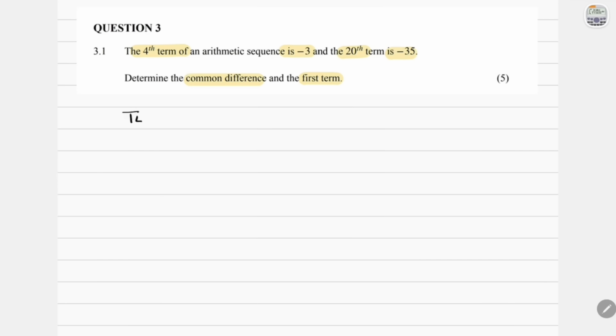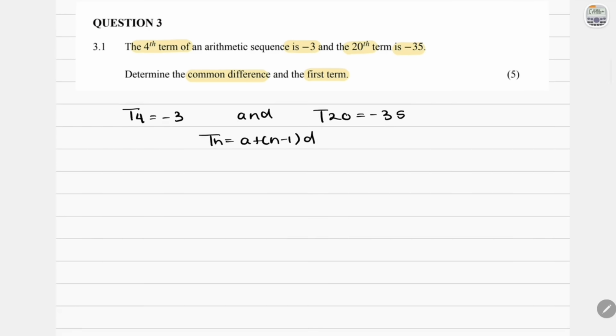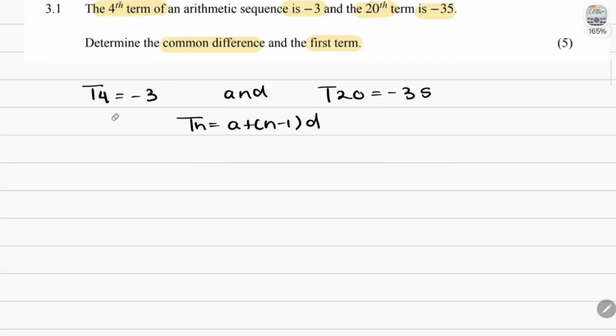These are term values of an arithmetic sequence. So simply use the general term formula for an arithmetic sequence, which is Tn equals a plus n minus 1 multiplied by d.